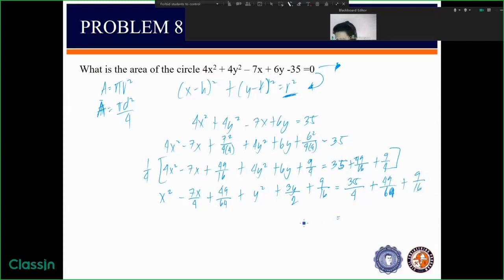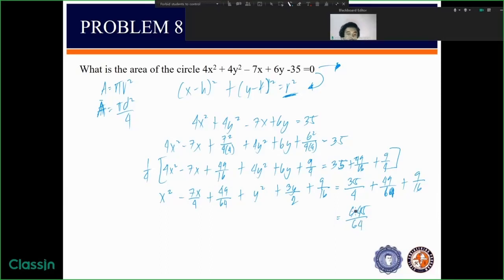Okay. Ayan. We have 35 over 4 plus 49 over 64 plus 9 over 16. 64 kasi yung 4 na multiply dito sa 16, we have 64. Then, plus 9 over 16. Okay. We have 645 over 64.